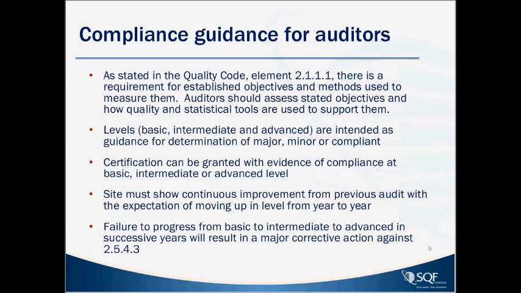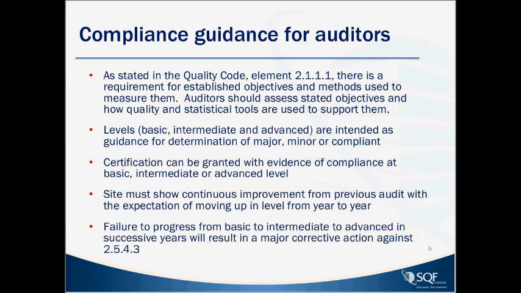But we're also seeing feedback from industry saying that there might be certain levels of understanding of statistical tools and how they're being used in industry. And so we've provided some guidance and some description relative to being basic, intermediate, or advanced in that area. And I'm going to, in the next slide or two, provide some guidance on that.